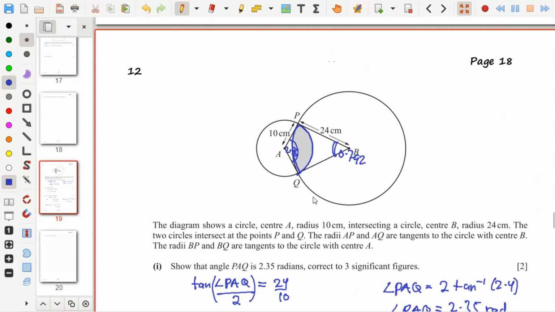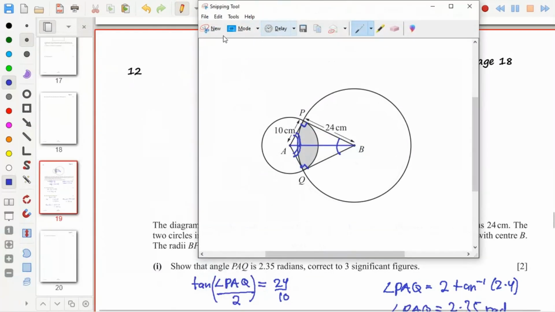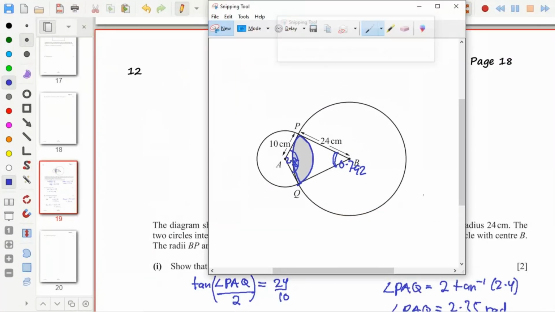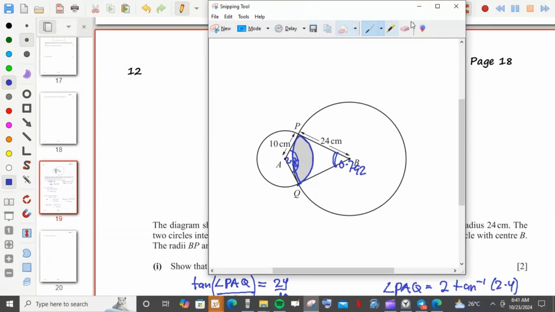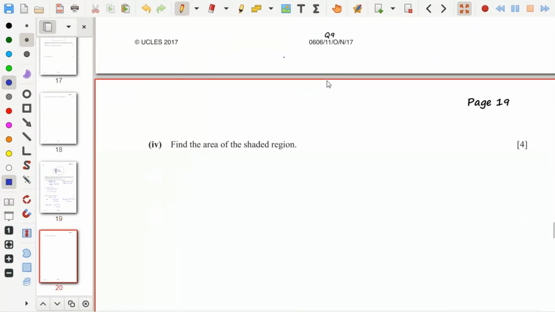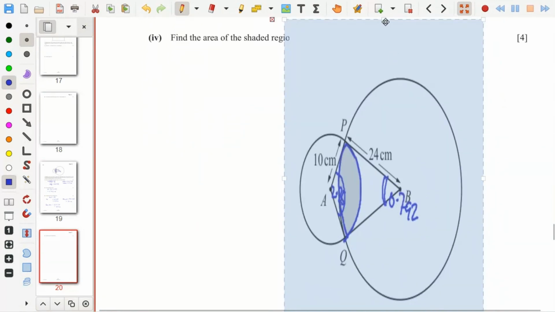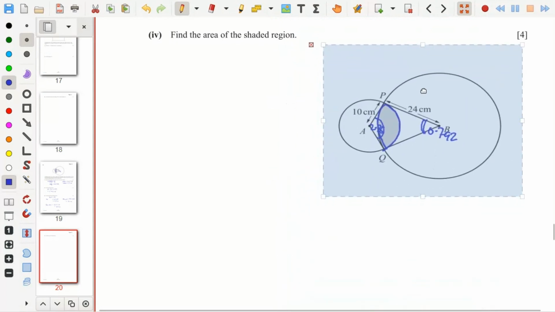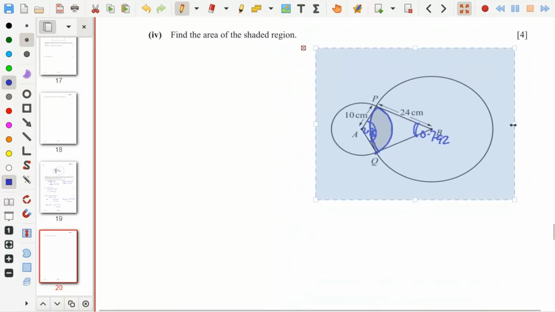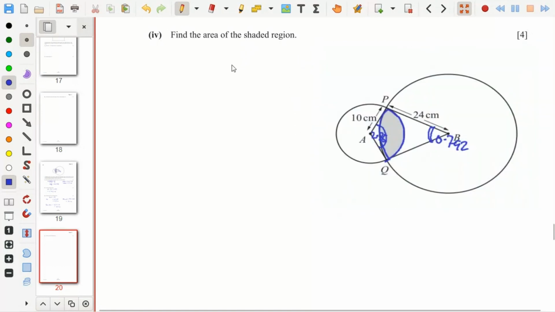Let me cut this diagram. So the area. So basically, I have two segments. Can you see?